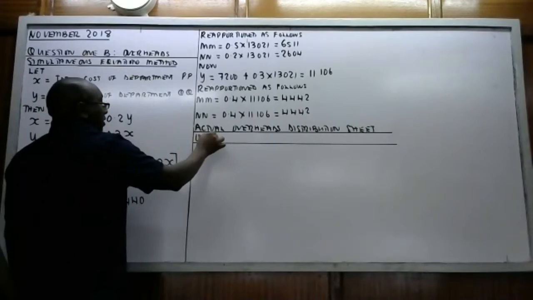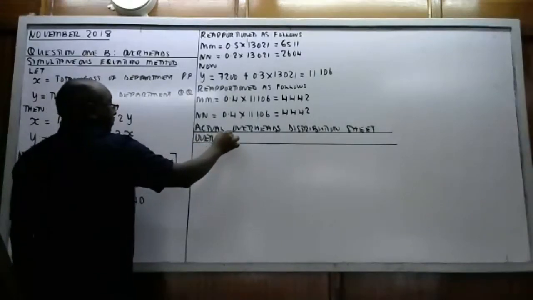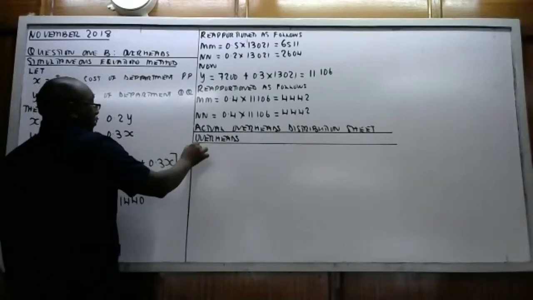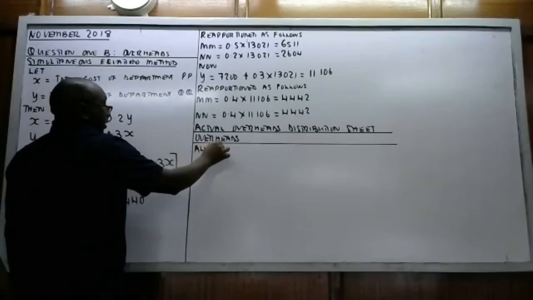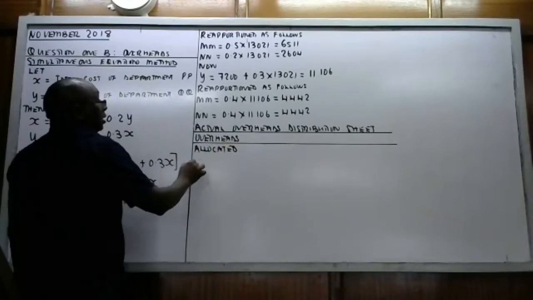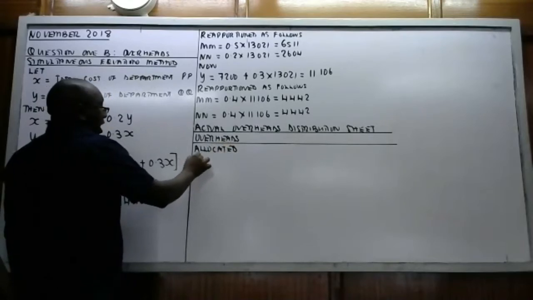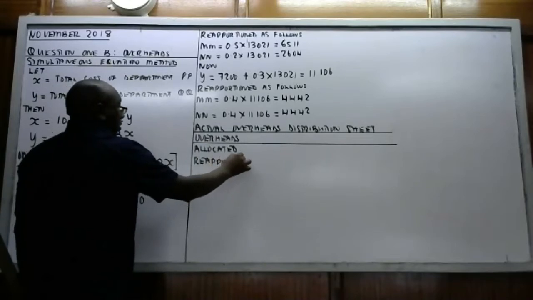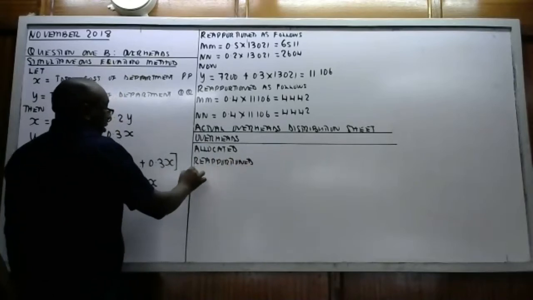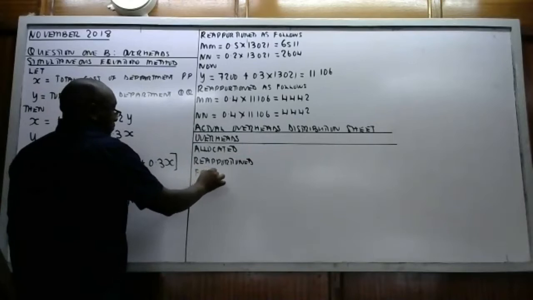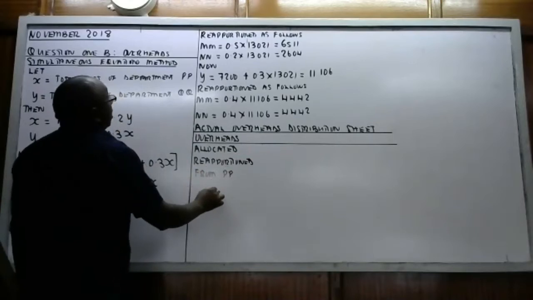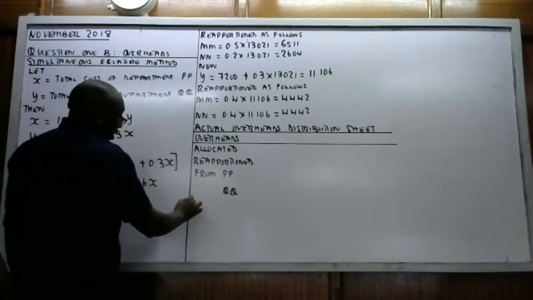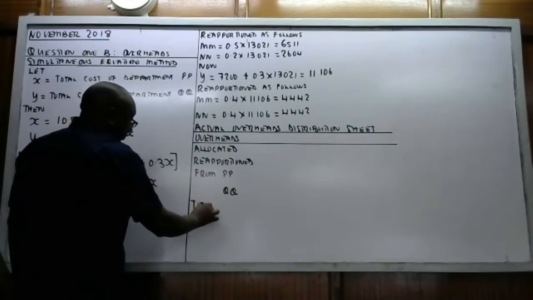So here we have the overheads. We have the allocated. Then we have reapportioned. And this is from PP and QQ. Then we have the total.